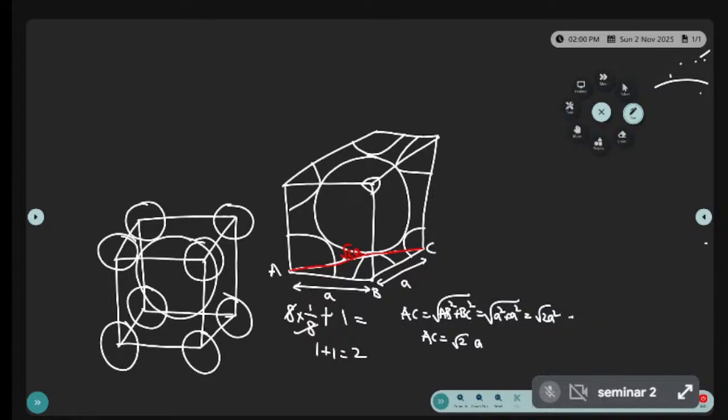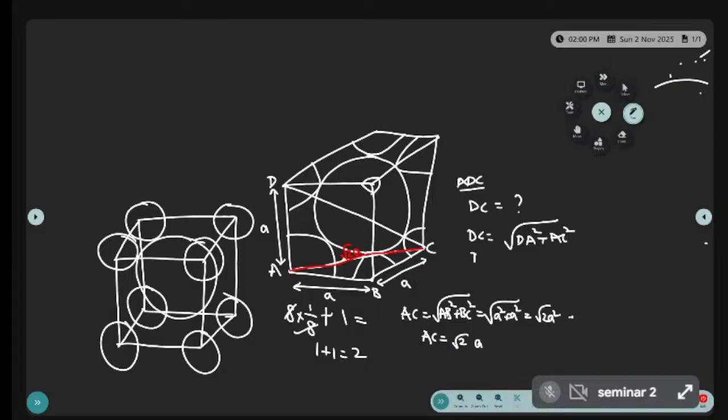Now, A, B, C, D. What about this distance? A. What is DC? Use triangle ADC. DC is equal to under root of DA square plus AC square.